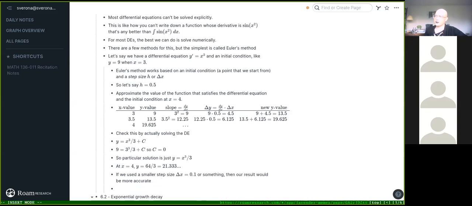That makes sense, right? Our approximation was based on the 3 point and the 3.5 point. If we approximated based on the 3 point, the 3.1, 3.2, 3.3, and so on, then we would have a better approximation because there's more data there. So that's all Euler's method is. I hope that makes sense. That took a long time to explain.